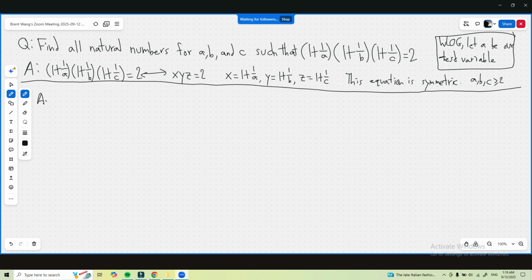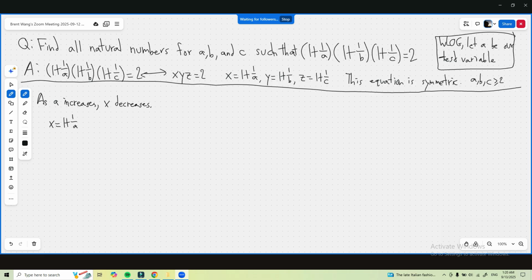As our test variable A increases, the value x decreases, because x equals 1 plus 1 over A. As A keeps going up, x will keep going down.